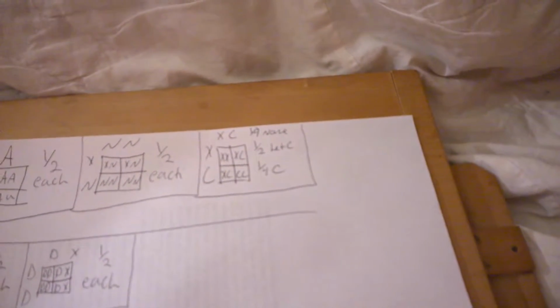Now, if you're calculating the phenotypes, which is what I'm going to do, I'm not going to calculate the genotypes of all these, but if we're calculating the phenotypes, this essentially means that 1/3, 1/4 is going to be caramel, and the rest are going to be normal, and that's what we're going to write down.